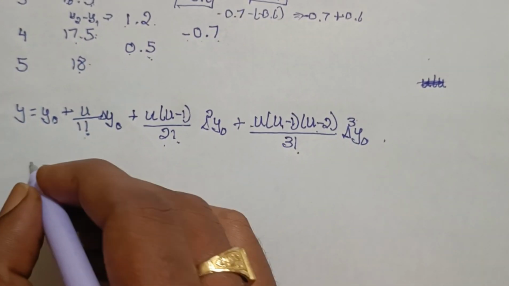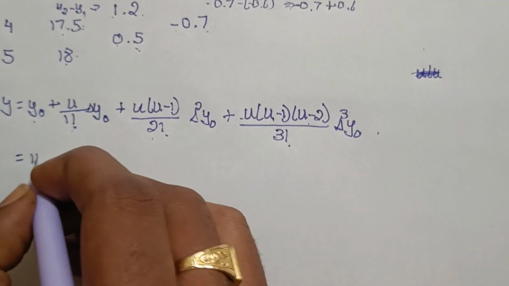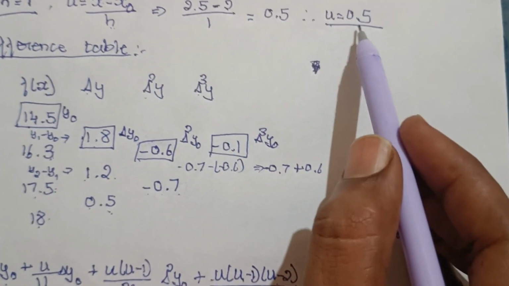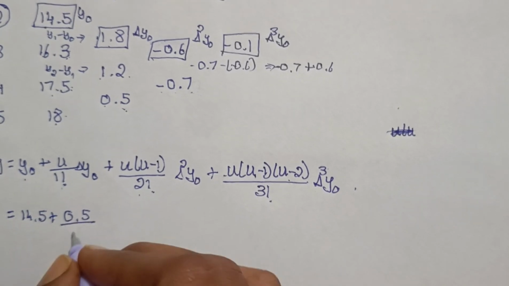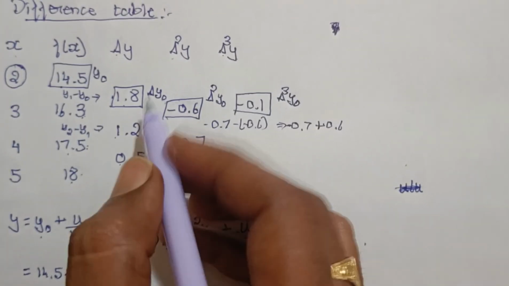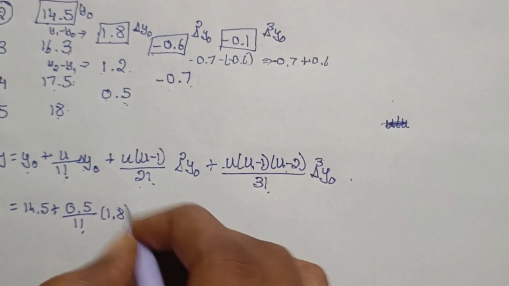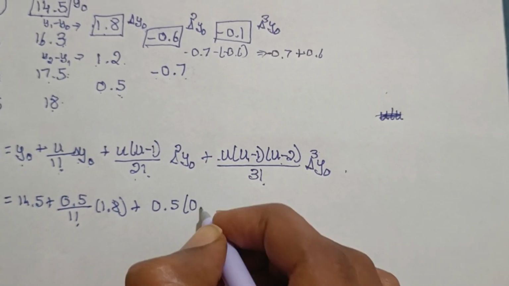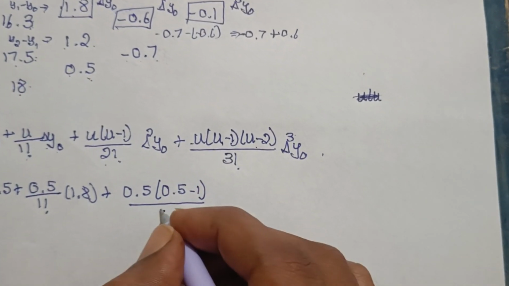Compute the values which we have already found. Y naught is 14.5. 14.5 plus u value, which we calculated as 0.5, divided by 1 factorial, which is 1 only. Next, delta y naught is 1.8, into 1.8. Plus u value 0.5, 0.5 minus 1 divided by 2 factorial, that is 2.